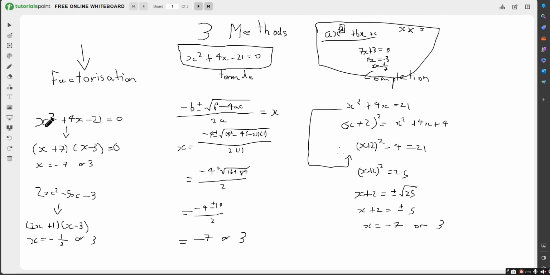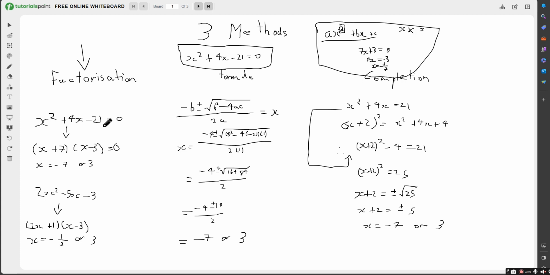With factorization, you quite simply try to work out for yourself, using your head, what this can be simplified into. I know that this is correct because if you multiply this out, you end up with x squared plus 7x minus 3x minus 21. 7x minus 3x is 4x, minus 3 times 7 is minus 21. But I had to do this using my head, going through the factors of 21.